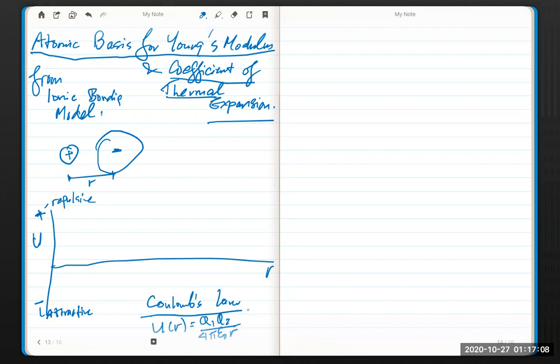In this example here. Because one of the charges is negative, it'll be attractive, so let's just call this a constant A divided by R. So that's the attractive term.